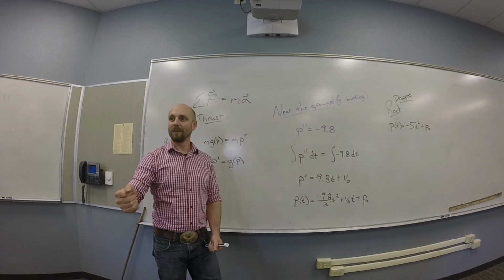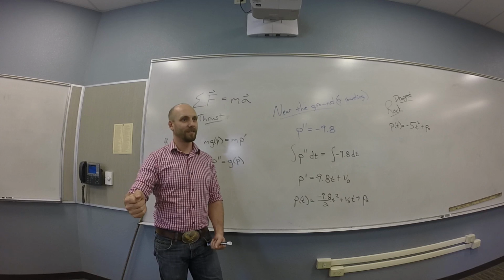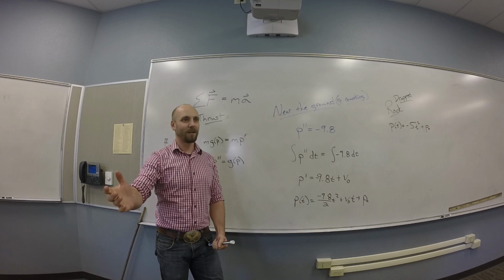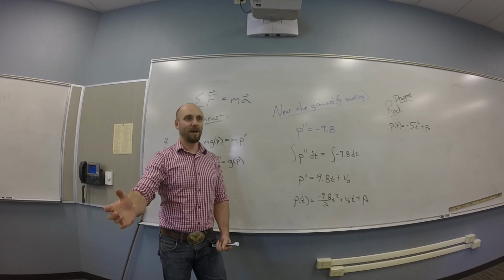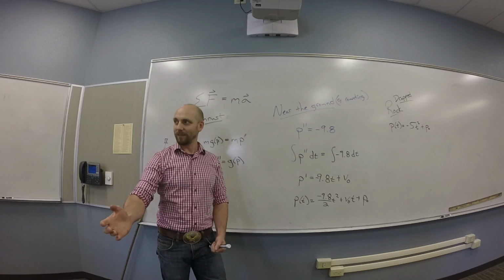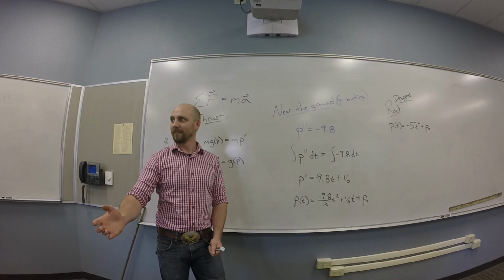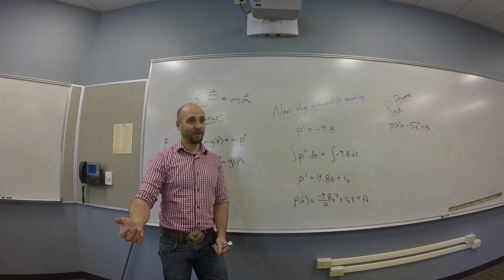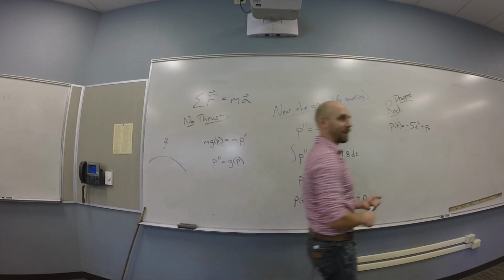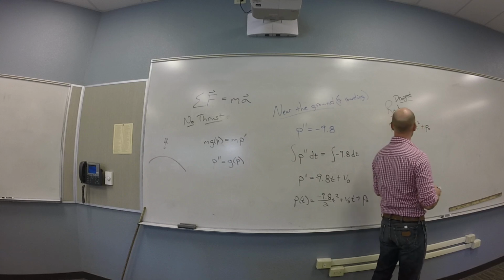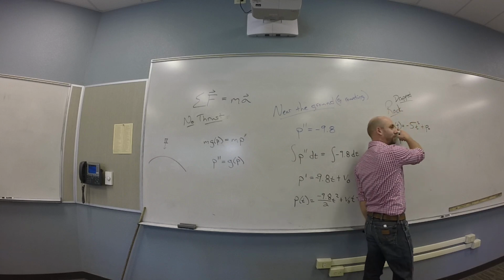So if you want to figure out how tall the cliff is, you drop your rock, you count the time, plug it in. Count the time, wait for it to hit, right? When it hits, what's the position? You think about that as being 0, right?